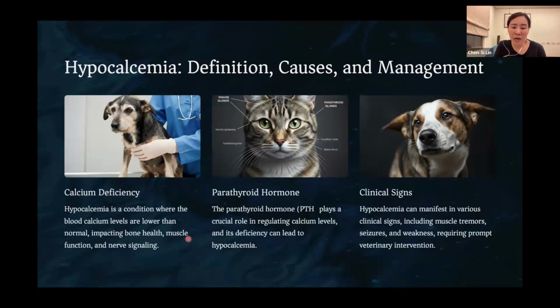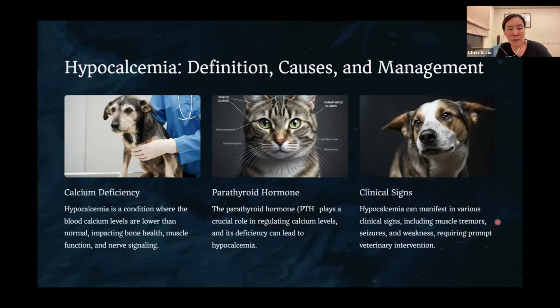Because parathyroid hormone is important in regulating blood calcium level, we also need to monitor if the PTH, the parathyroid hormone, is normal or not. So the clinical signs of hypocalcemia will be muscle tremors, seizures, and muscle weakness.